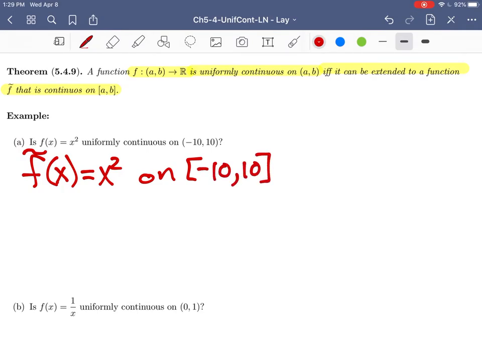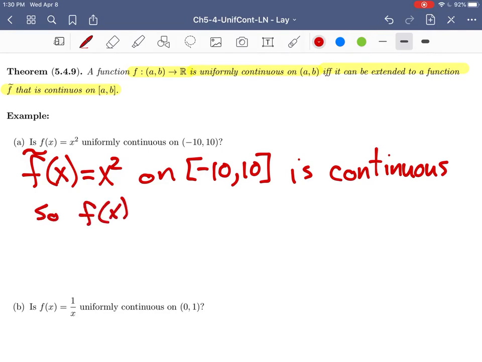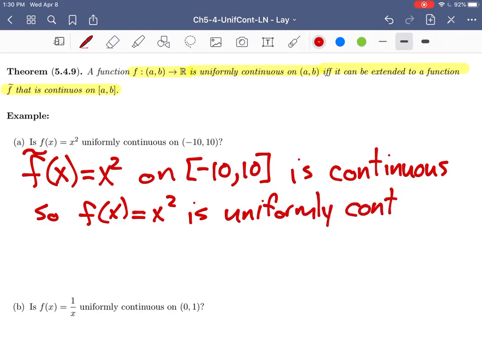We might make the observation that this is continuous. Right? That's a continuous function on that closed interval. So if it's continuous on that closed interval, then f of x equals x squared is uniformly continuous on the open interval from -10 to 10.